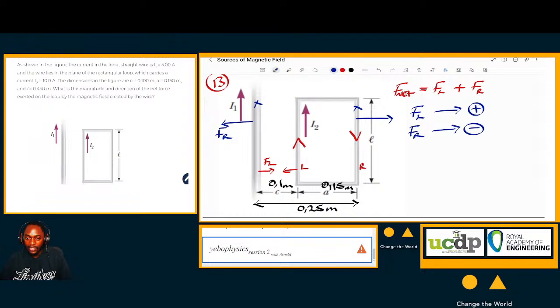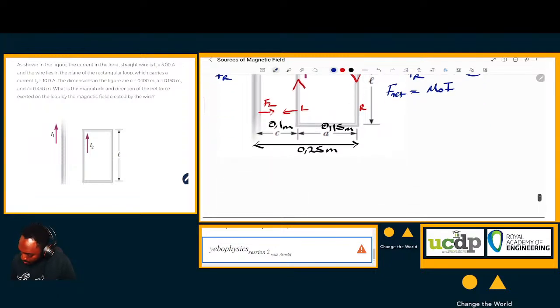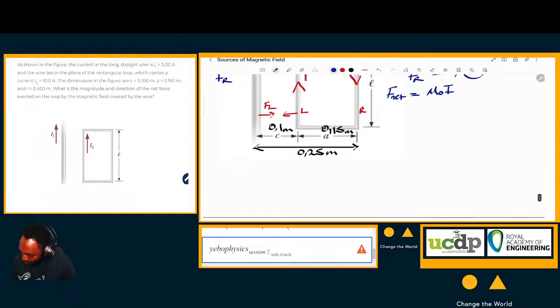All right, so the forces can now be summed up easily. FL is positive, so F net is going to be mu naught I squared... because the magnitudes are not the same, I should write this down here for space.